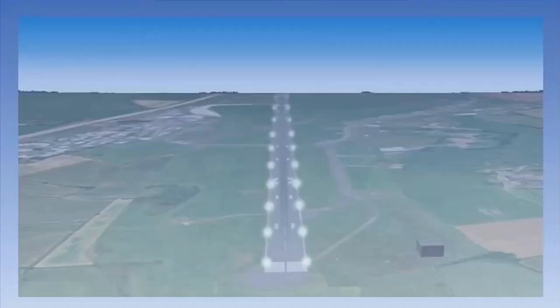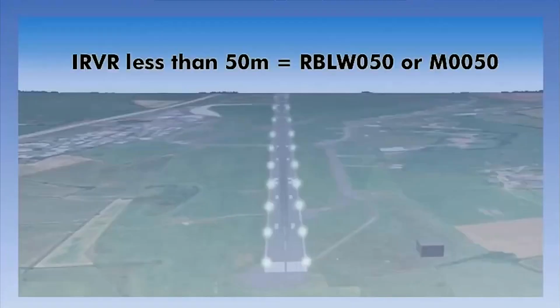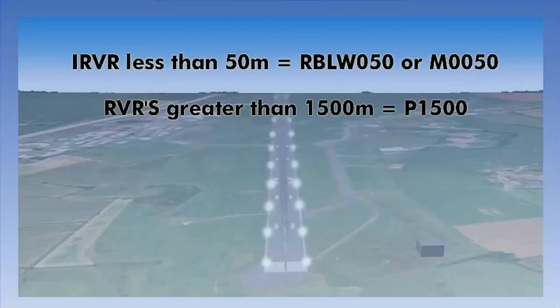There are some other details we must know. RVR values less than 50 meters are reported as RBL0050 or M0050. RVRs greater than 1500 meters are reported as P1500.